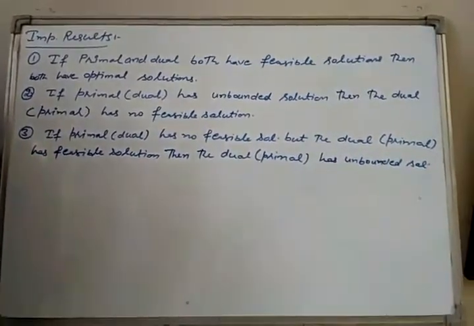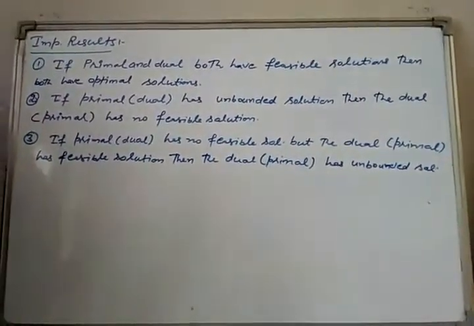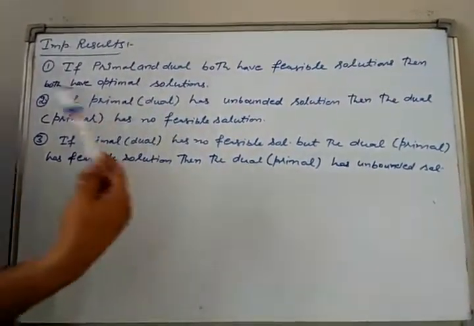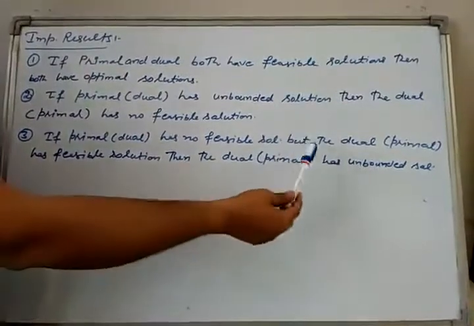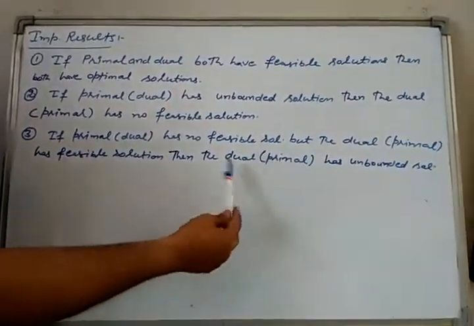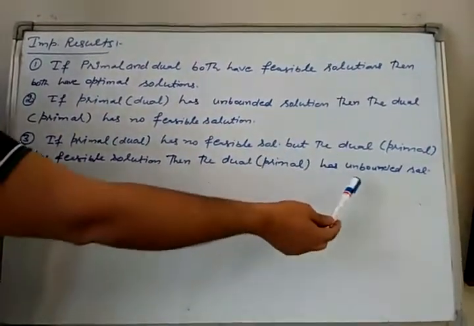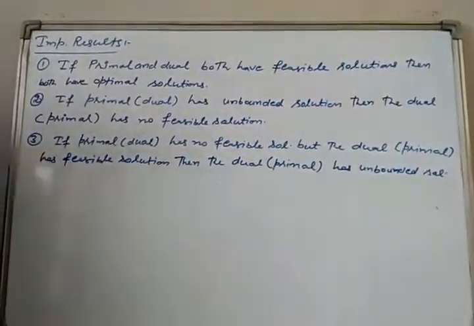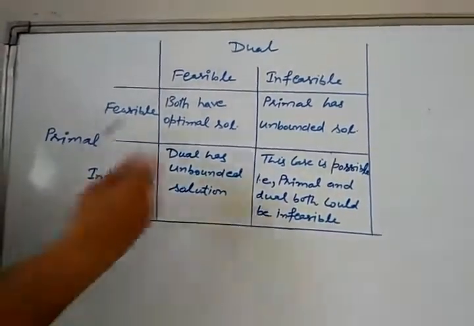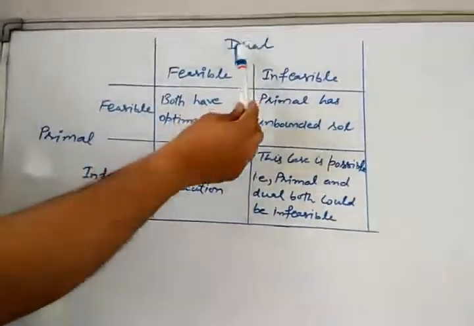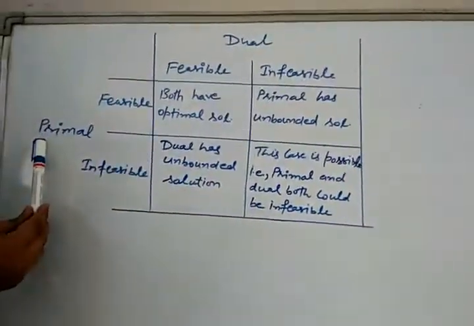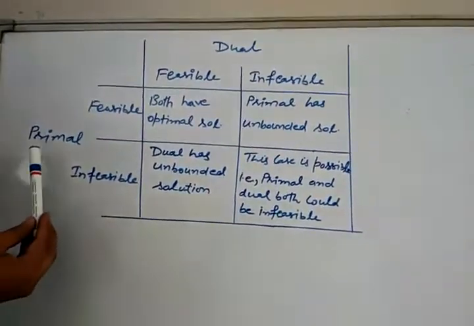If the primal or dual has an infeasible solution, and one more piece of information, that the other problem has a feasible solution, then it is definite that the other problem has an unbounded solution. Now we put all the information in the form of this table: this side the dual problem, this side the primal problem. Now we discuss one by one.